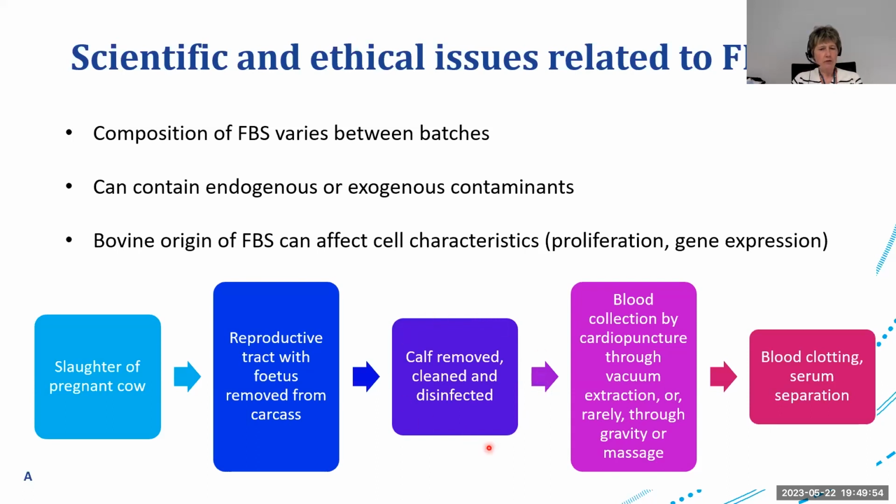The calf is then removed, cleaned and disinfected, and the blood is collected by cardiac puncture. And then the blood is clotted and the serum is separated, and off it goes to be bottled, and eventually it reaches our laboratories, and we use these in our cell culture experiments without really thinking too much about how that serum has been obtained.